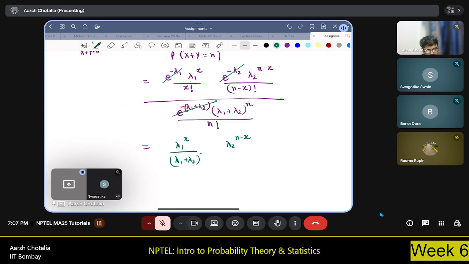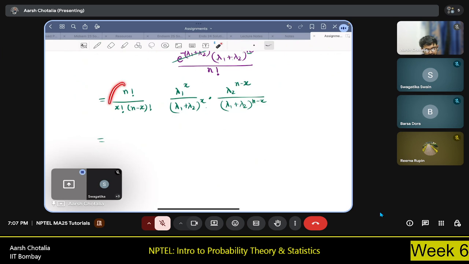Lambda 1 plus lambda 2 raised to x and lambda 1 plus lambda 2 raised to n minus x. When they multiply, they give me this lambda 1 plus lambda 2 raised to just n. Okay. And outside, I have this n factorial divided by x factorial n minus x factorial.